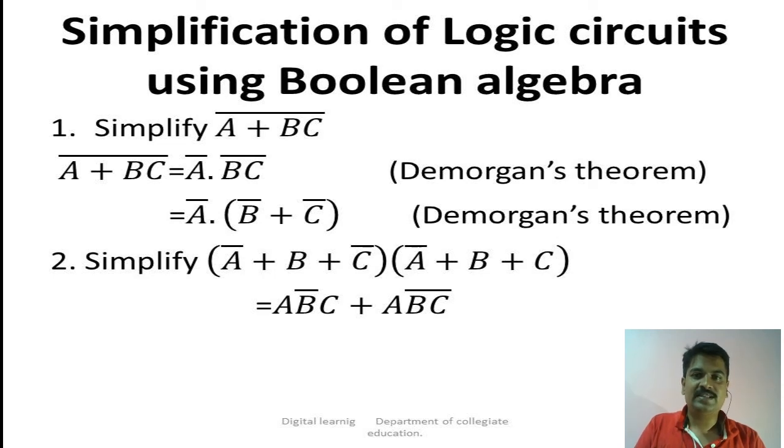So this is the answer, and this is the simplification of (A plus BC) whole bar. I have taken a very simple example. Of course, there is a second example which I have taken, where the steps have not been shown. Please follow Boolean algebra as well as De Morgan's theorem, and you will get this answer after simplification.